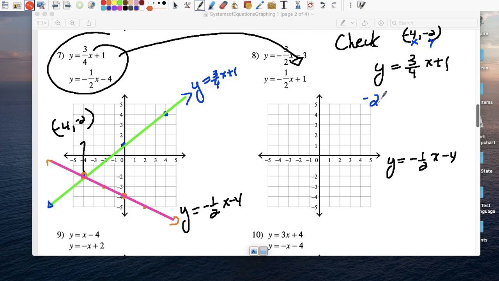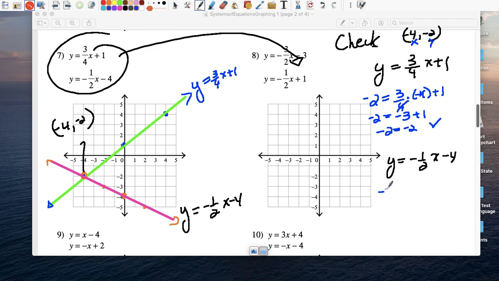So -2 equals 3/4 times -4 plus 1. If you do 3/4 times -4, you actually get -3, and then plus 1 is -2. So the first equation is good. Bottom one, repeat.